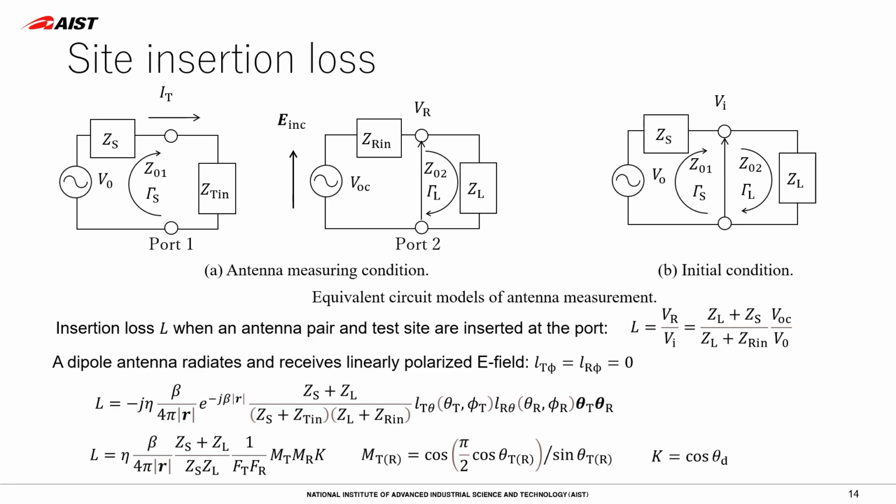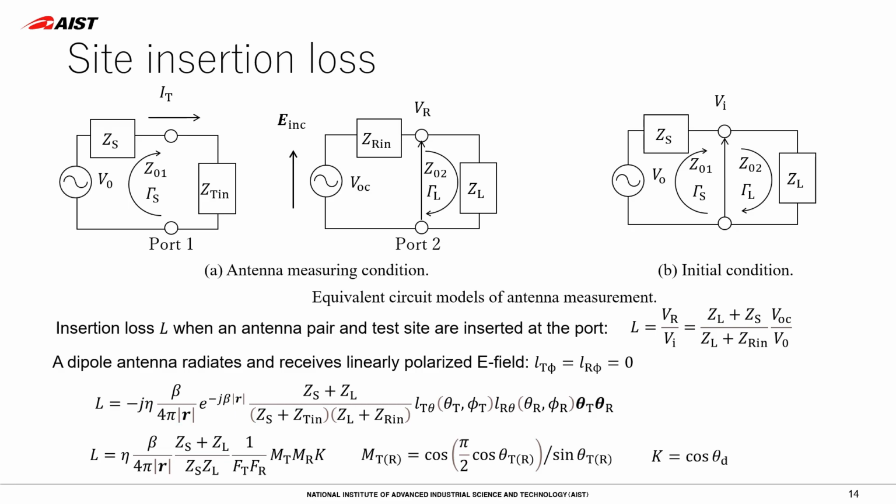Next, let's consider two measurement conditions. These are equivalent circuit models of the set of antenna measurements. Figure A shows the transmitting and receiving antennas are connected to the signal source and receiver respectively. ZS and ZL are the impedances of the source and the receiver, and the input impedance of the transmitting and receiving antennas is represented by ZTM and ZRM.